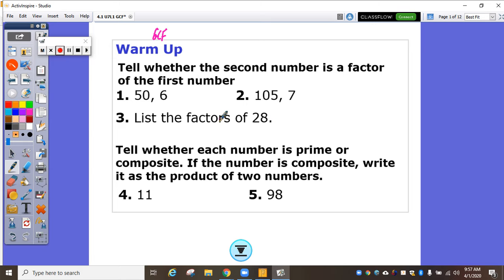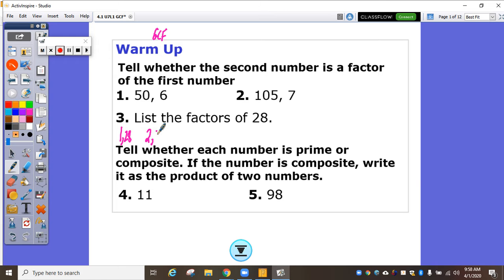So if I'm looking for the factors of 28, we're looking for the numbers that go into 28. The best way to do this is to work from the outsides. We start with number 1. We know that 1 goes into 28, because 1 times 28 is 28. 2.